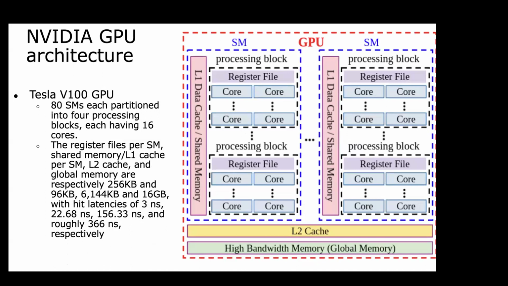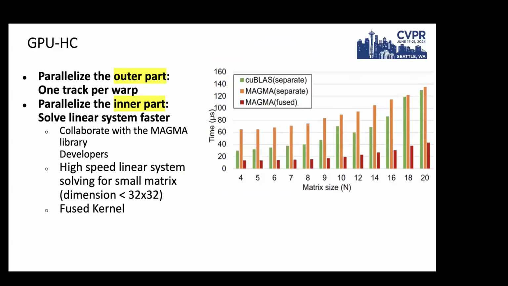But then we also went to GPU, where you have streaming multiprocessors, cores, and warps, and we worked a lot on how to parallelize this, and two concepts emerged. One is if you have to run many solutions, then do them in parallel. That's the first part, the outer part. The inner part is we have to do a lot of linear solutions.